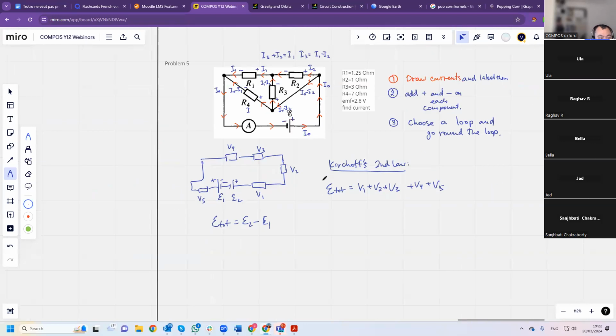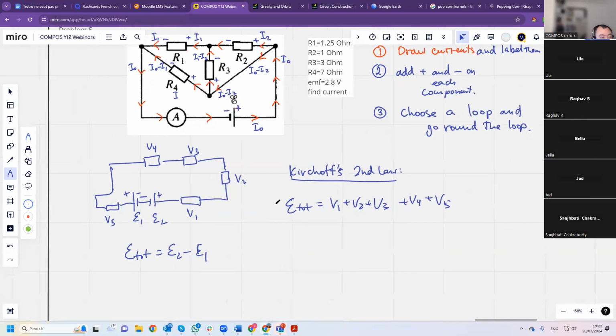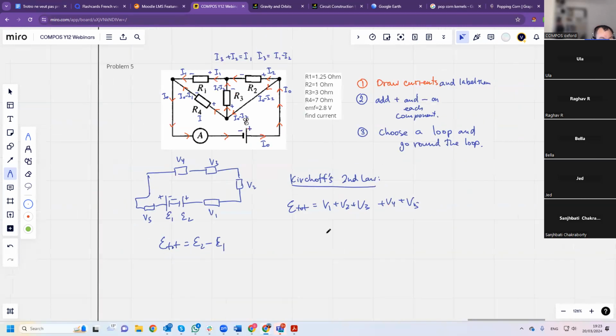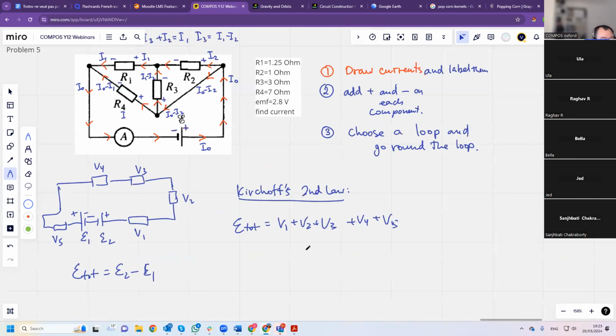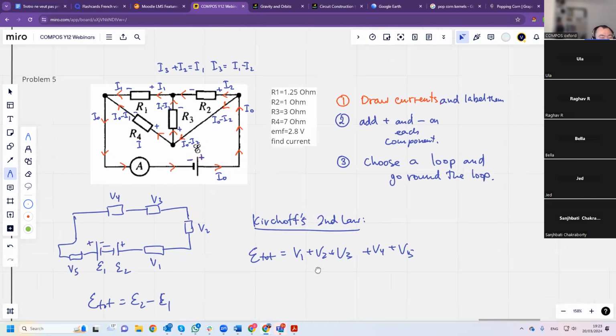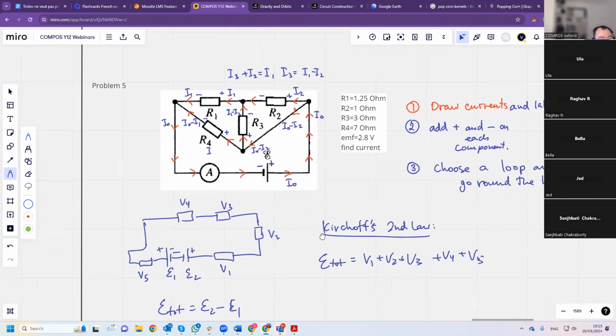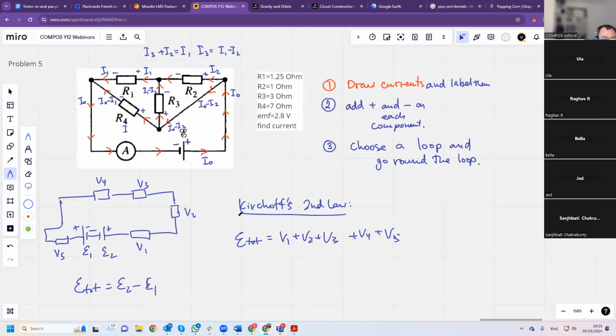So what we say when we're talking about electrodynamics, I wouldn't call this electrodynamics, it's just too far-fetched. We go around this circuit. So choose a loop and go around the loop.